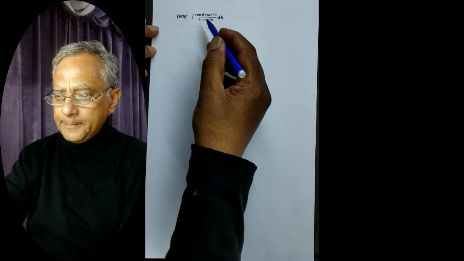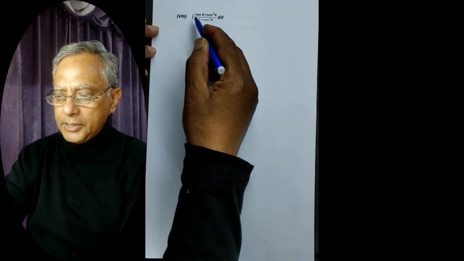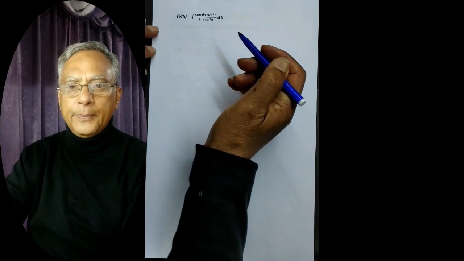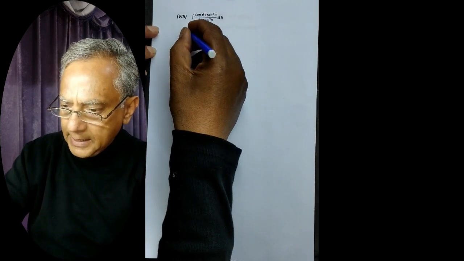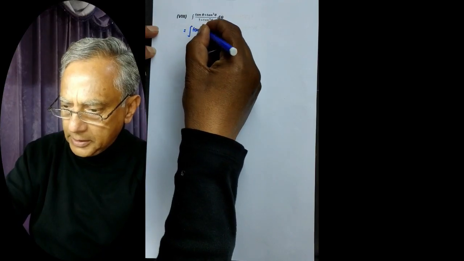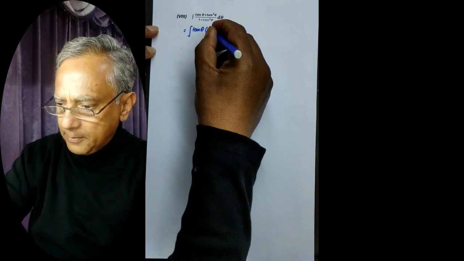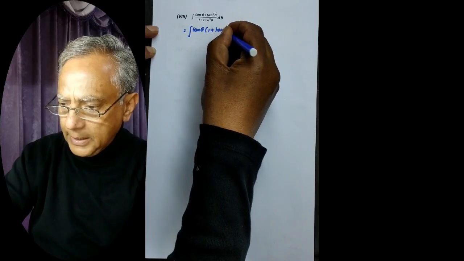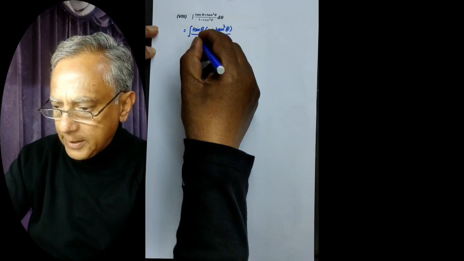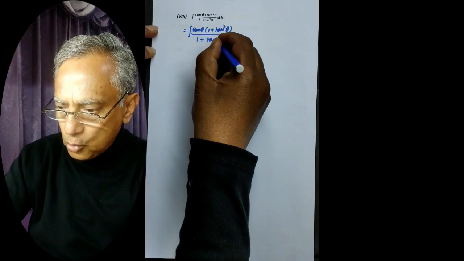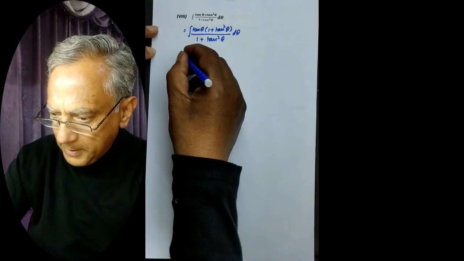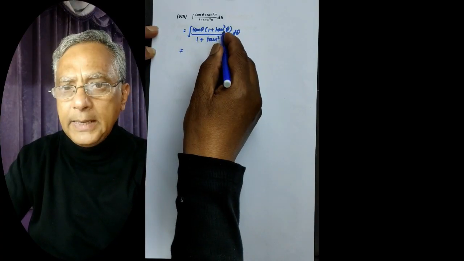So this is the answer. Now next question is integral tangent theta plus tangent cube theta over 1 plus tangent cube theta d theta. So we can write this as integral of tangent theta is common, 1 plus tan square theta whole divided by 1 plus tan cube theta, and 1 plus tangent square theta is secant square theta.